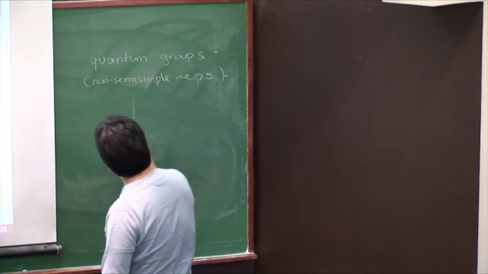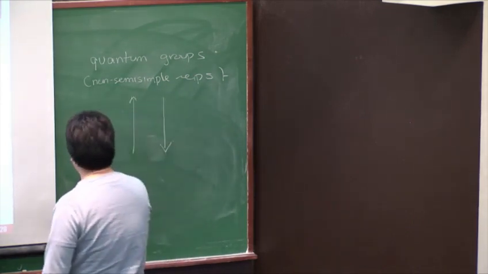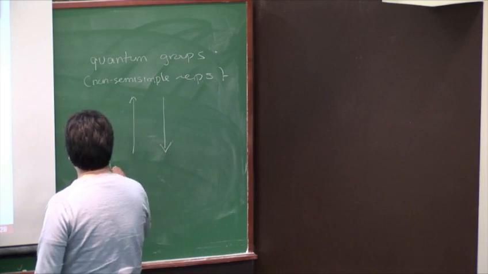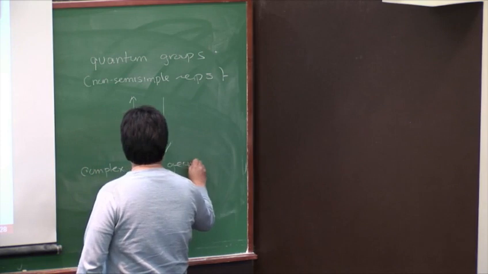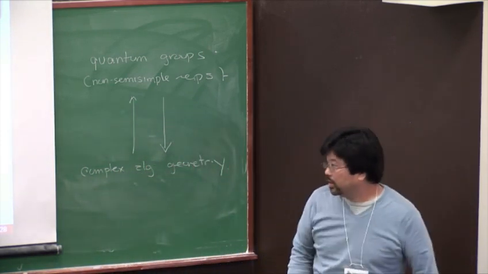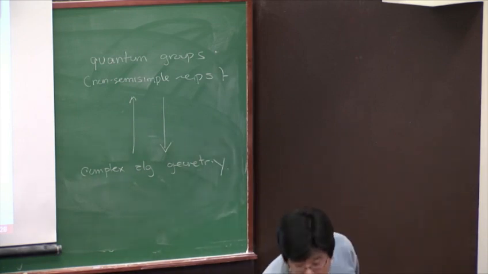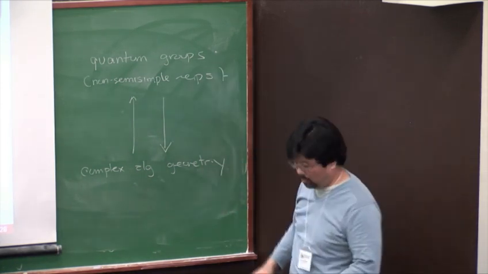We'll see this interplay back and forth, and we'll see that we need to use some of the ideas from complex algebraic geometry in order to say things up in the quantum world.